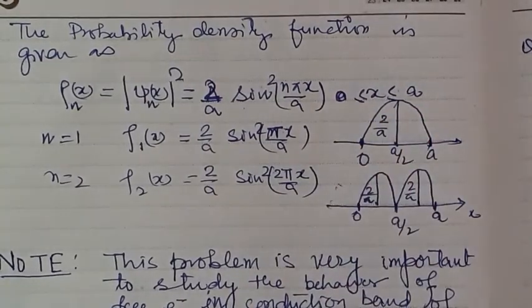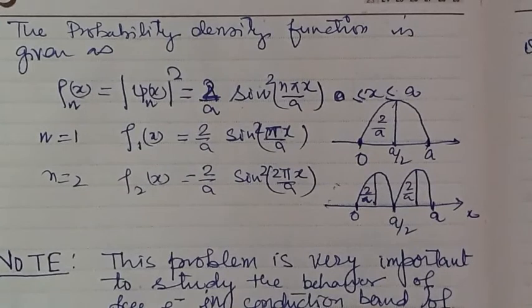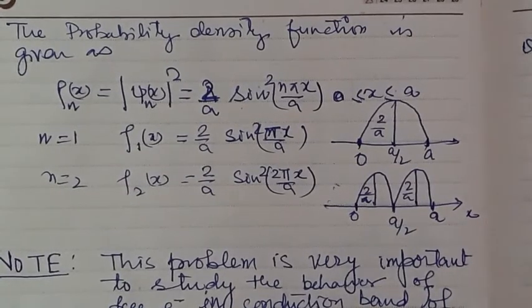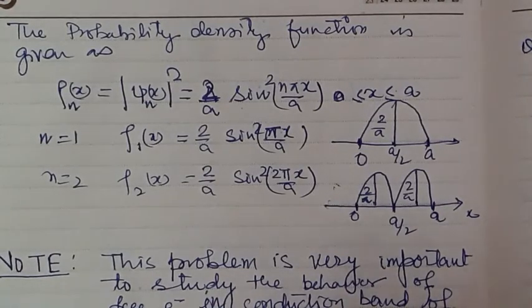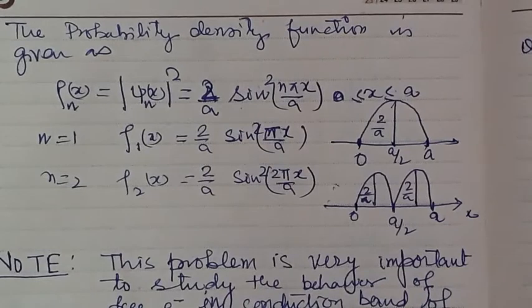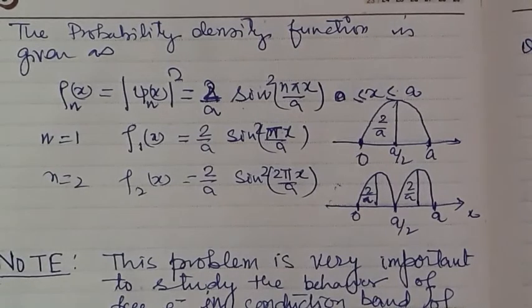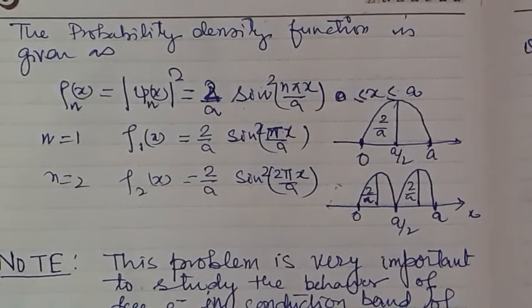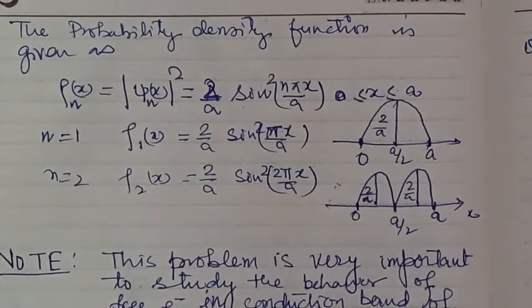If you wish to plot, again substitute the value of n, for example the ground state. Because the probability is the square of the sine function, it will always have a positive loop, whereas the wave function has positive and negative loops in its graphical representation.